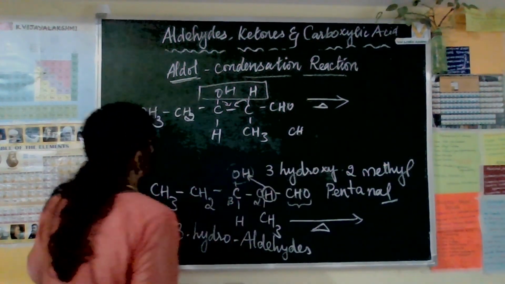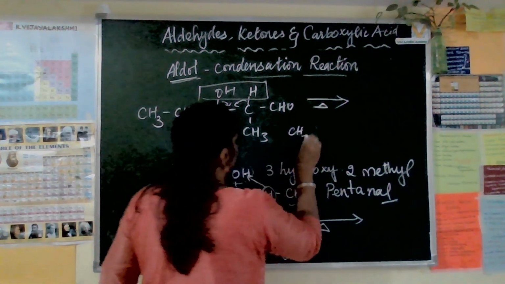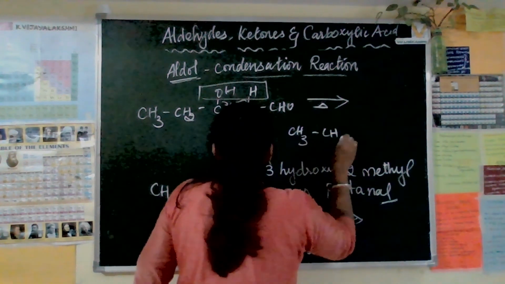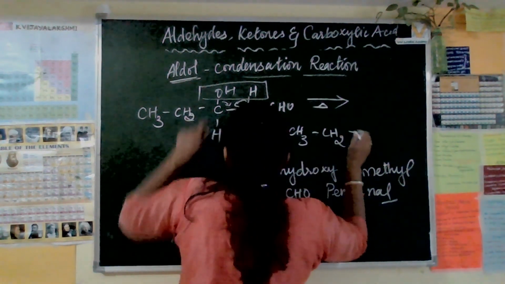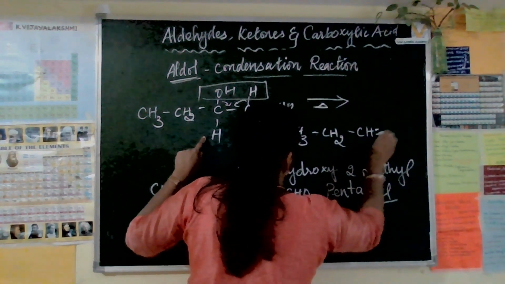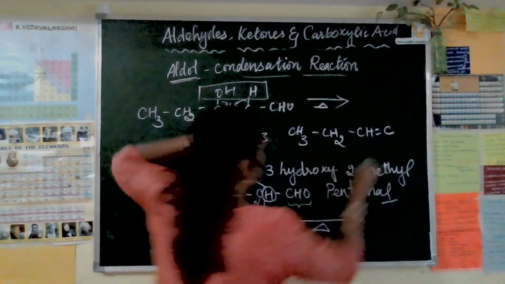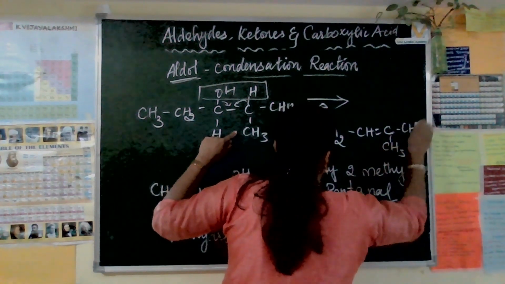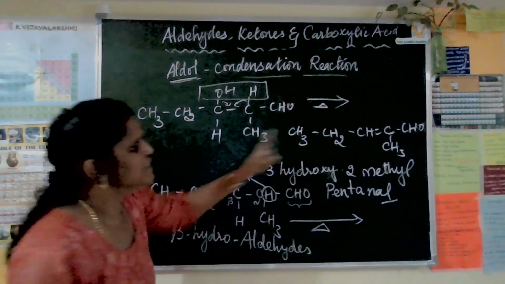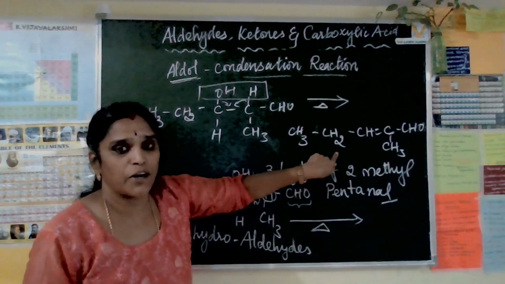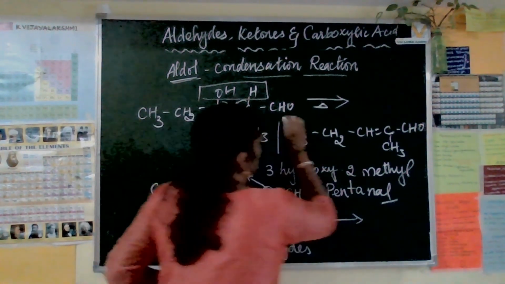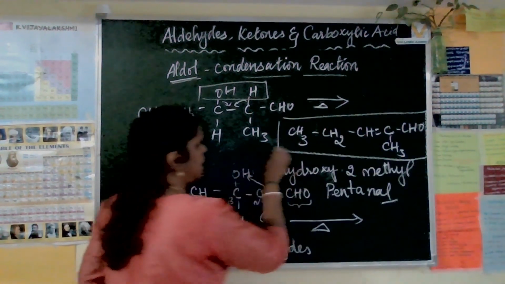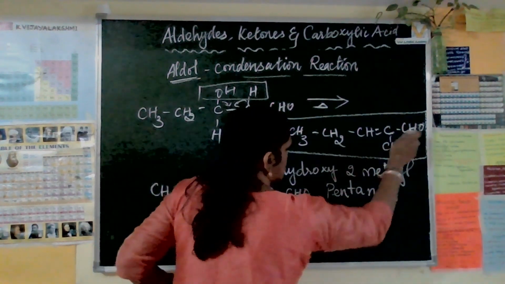Heating, that is a very important symbol. So here CH3CH2CH double bond C, here the methyl group, CH3, CHO. Can you give the name for it? Very, very important: the functional group starts from here.